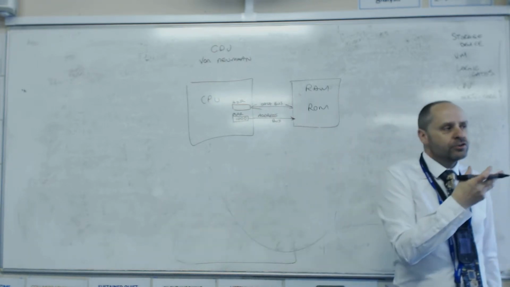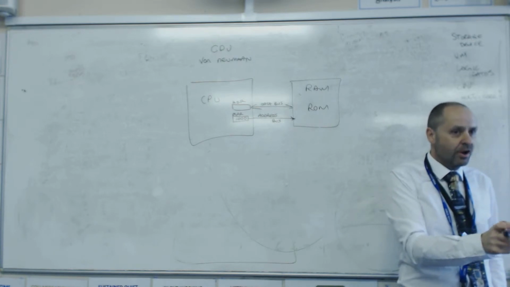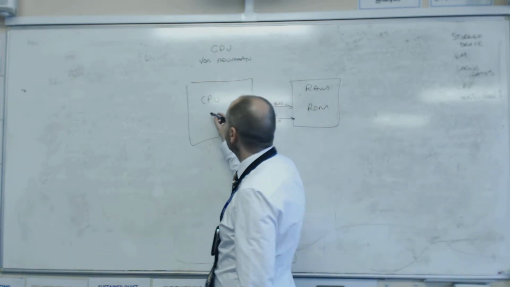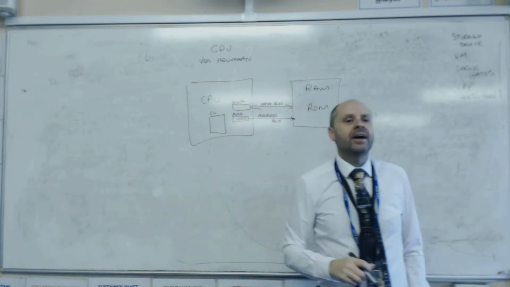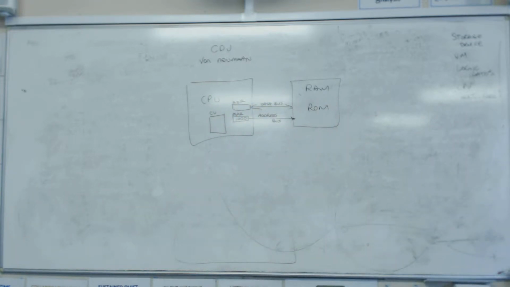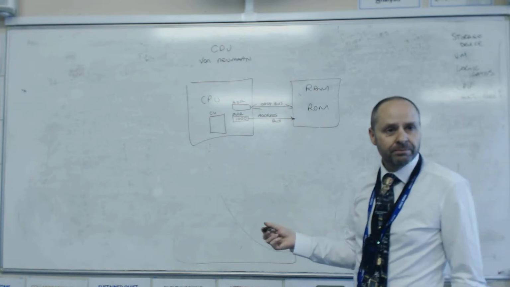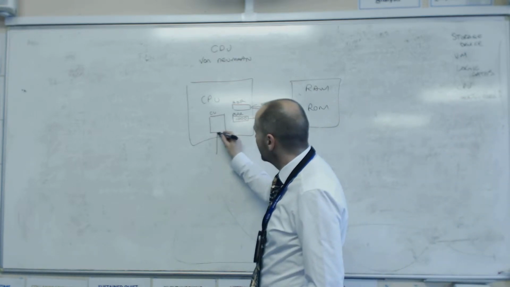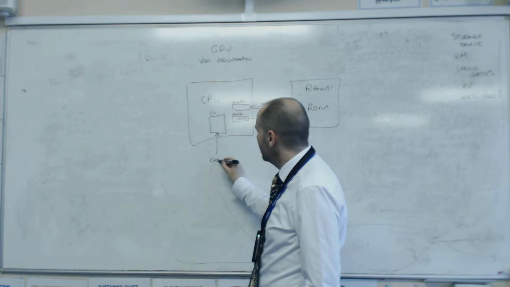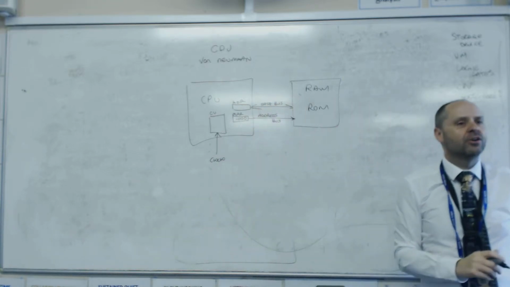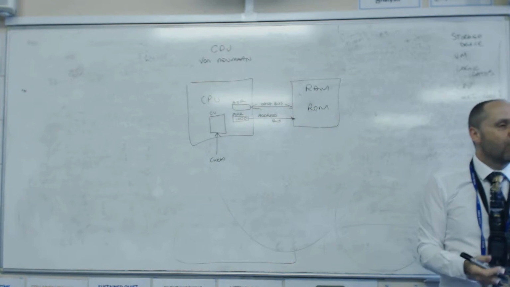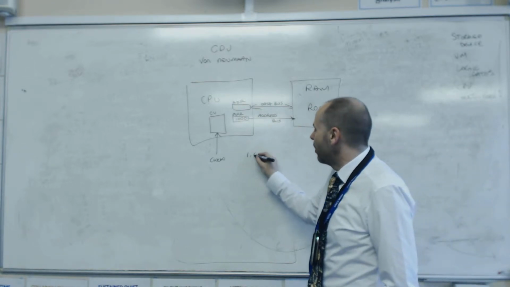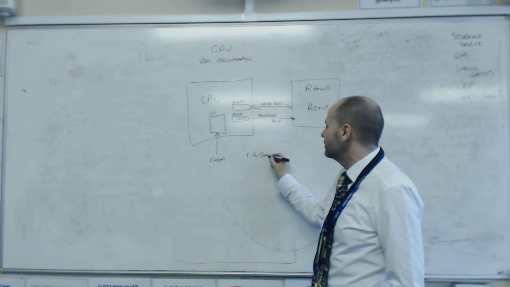There are two components of the CPU. You have the control unit. That is the thing that performs the fetch execute cycle. It is governed by something called a clock, which is what we mean when we say 1.6 gigahertz.